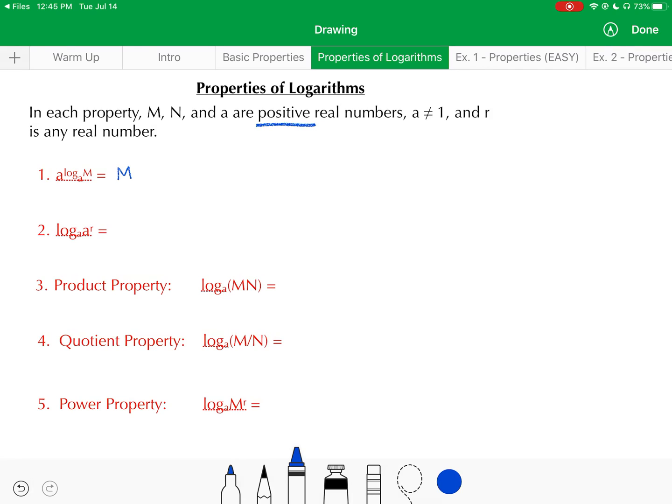So to give you an example of that, if I was working with 2 raised to the power log base 2 of 5, I know that that's just going to equal 5. Log base a of a raised to the power of r is just going to equal r.